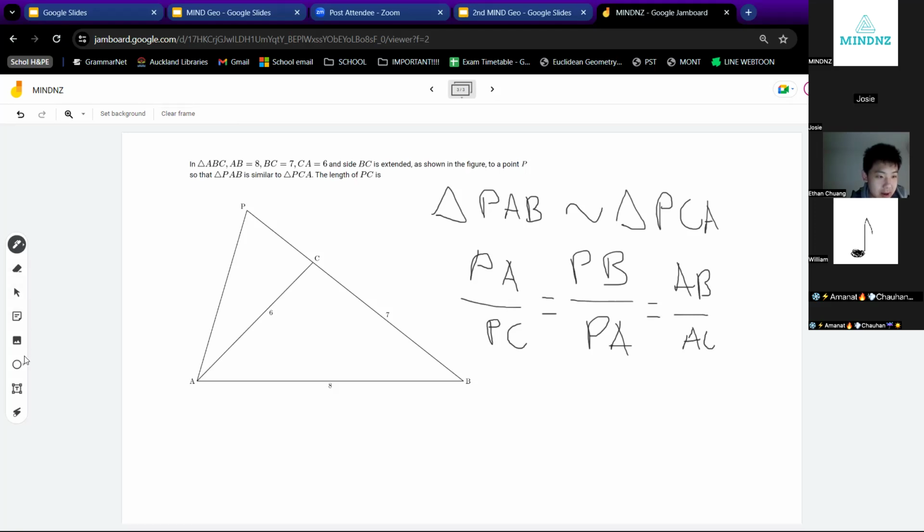Because when we write out our similar triangle notation, we have to write in a specific order so that this side corresponds to this side, and this side corresponds to this side, and so on. So actually I'll just let you guys think about it a bit more from here.